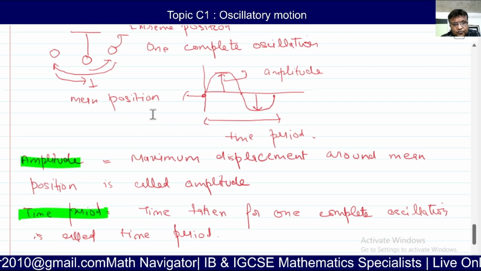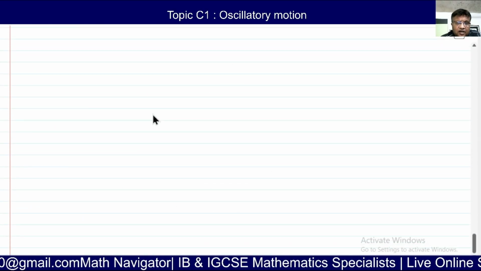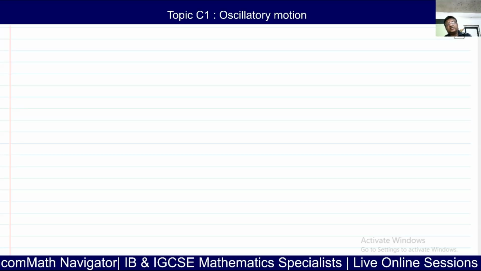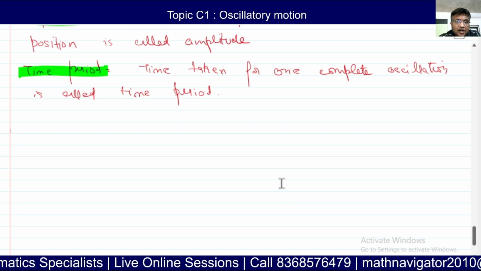Now let's talk about the position. When you use v equal to u plus at, half at squared plus ut equal to s, what are you actually doing? You are trying to predict the position of the particle, the velocity of the particle, and the acceleration of the particle.